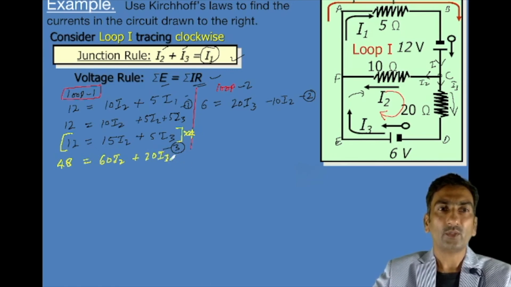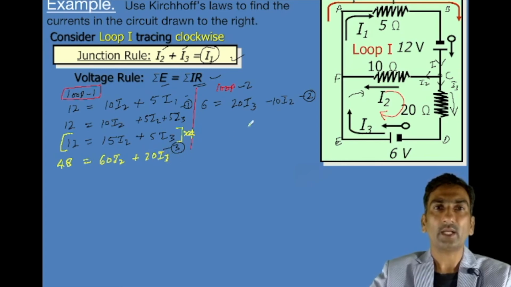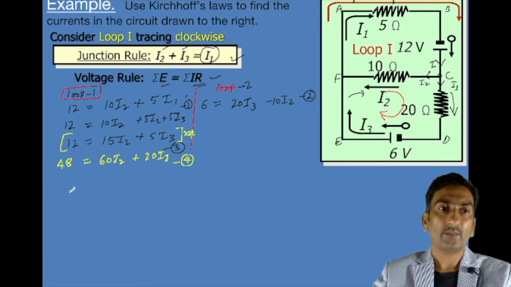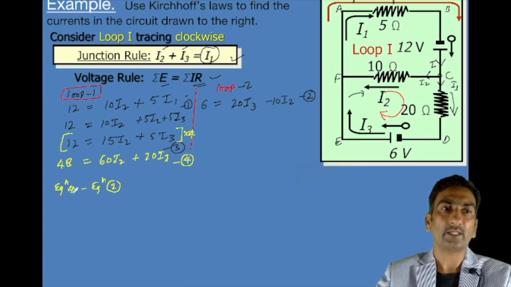Now this equation, and that equation number 2, these we can simplify. So you can take this as equation number 4. So we can subtract equation number 4 minus equation number 2. So we can write it again.